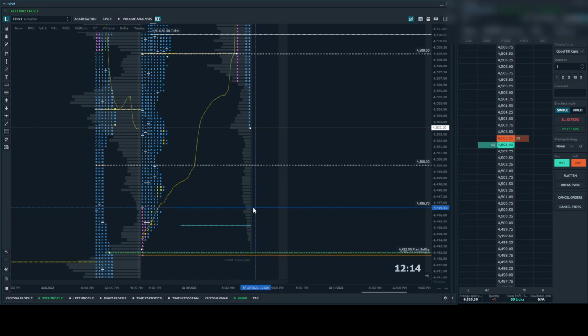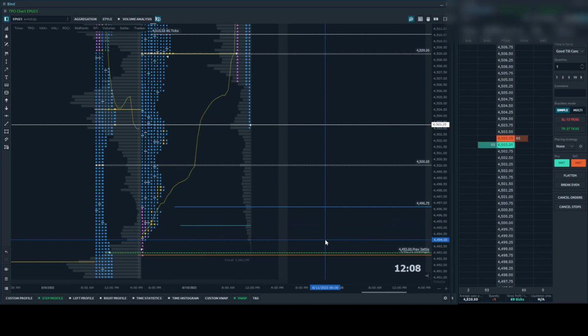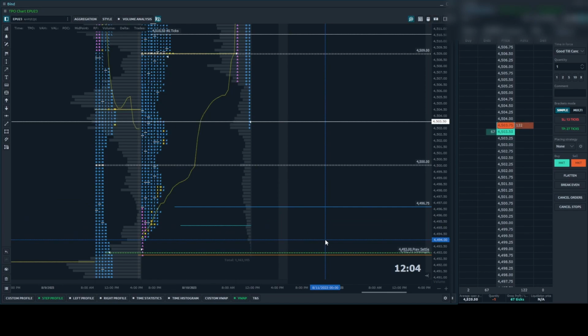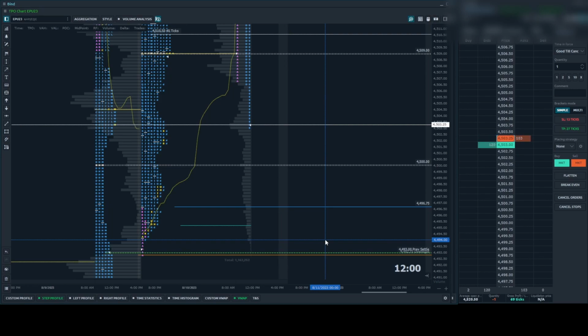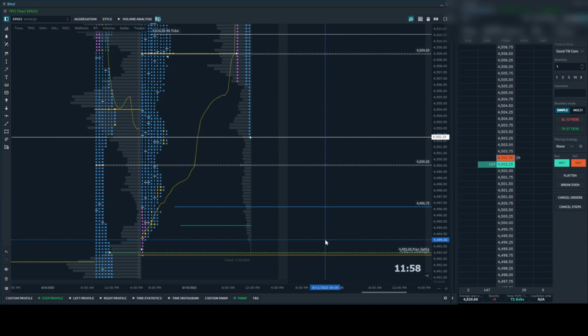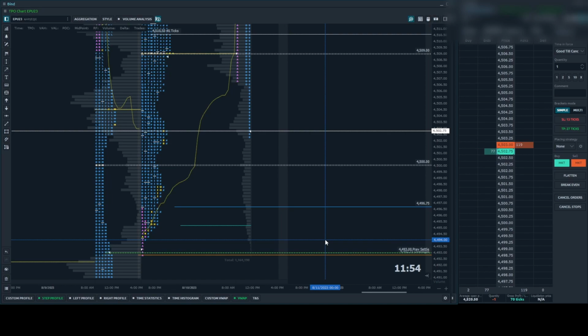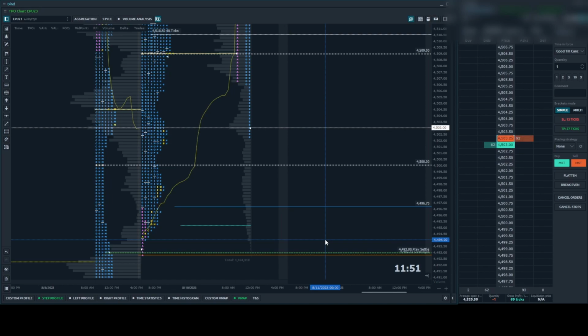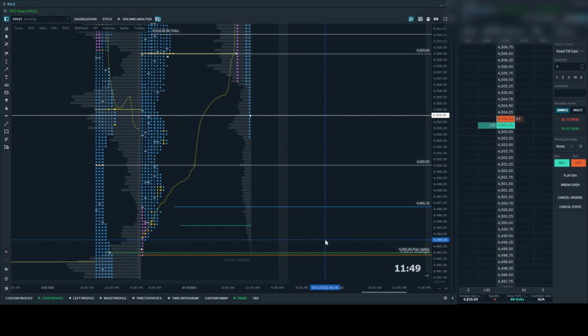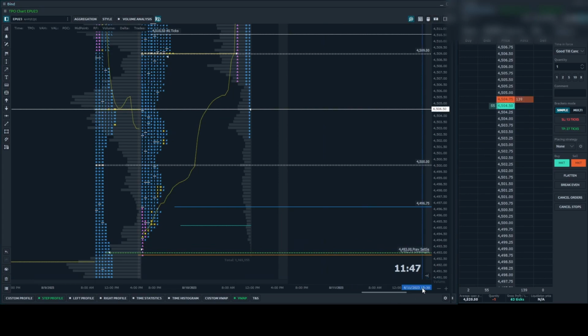So that's why I'm front running these targets. We're making our way down here. Just have to see. Keep looking at this 500 level though.